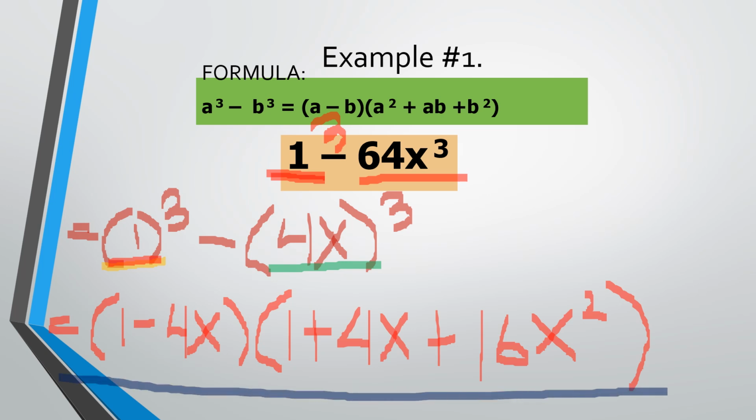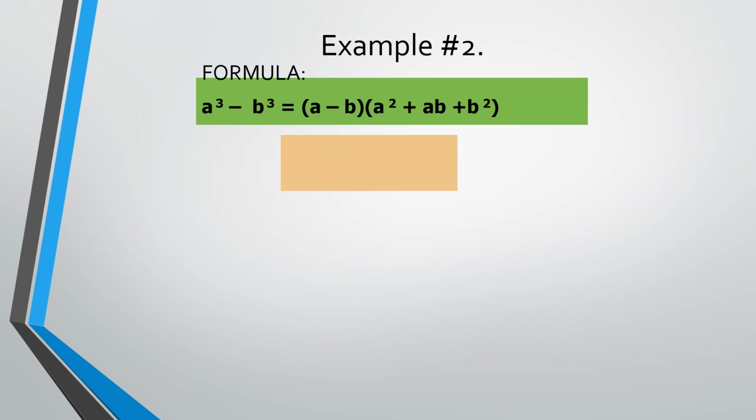Okay, now let us try to solve another problem. Now we have here 8a cubed subtracted by 125b cubed. As you can see, all the terms are written in the power of 3. Okay, now let's solve this. Open parenthesis.